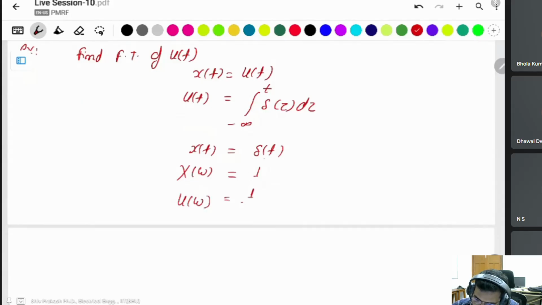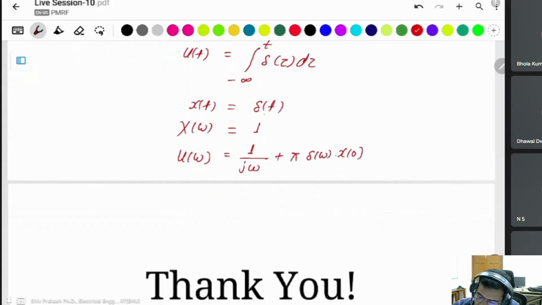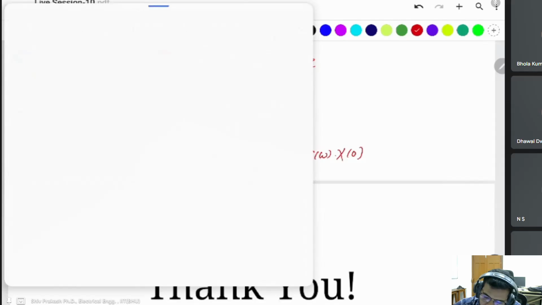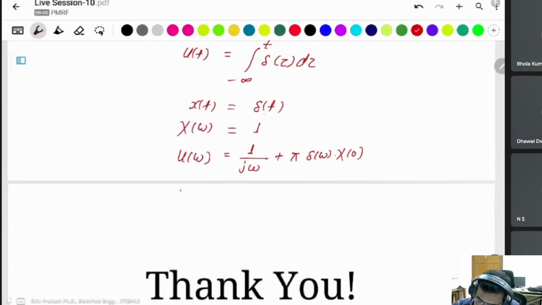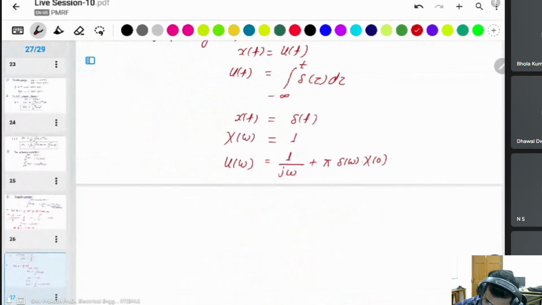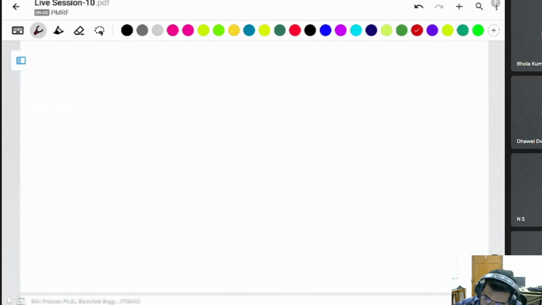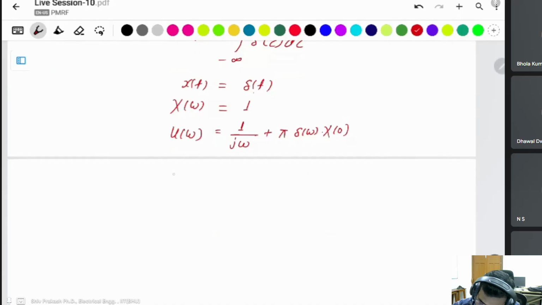Then this will be the Fourier transform of 1 divided by j omega, X(omega) divided by j omega, plus pi delta(omega) into X(0). So U(omega) is 1 by j omega plus this will be 1, because of delta(omega) you have to put the value at 0, u(t) is equal to 1.